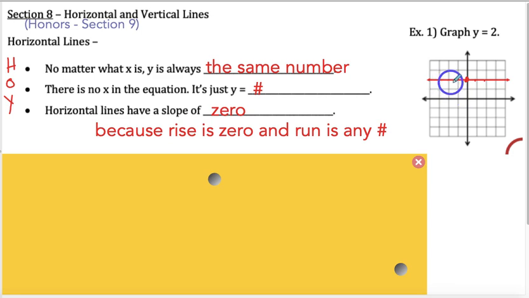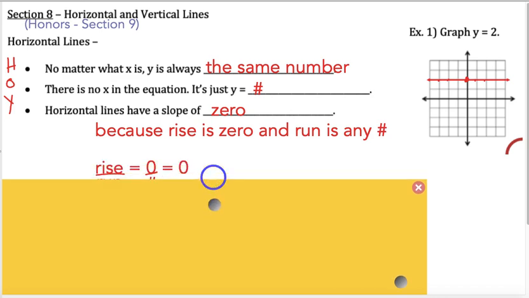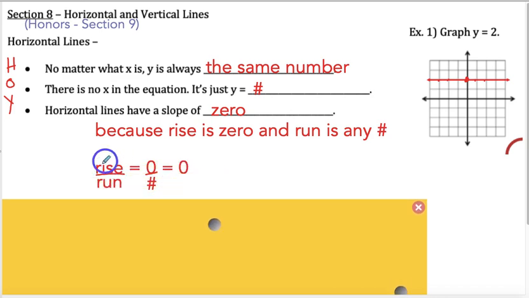But the run could be any number in the world. We could run left and right forever. And so if we look at that mathematically, rise divided by run, our rise is 0, our run is any number, and 0 divided by any number is 0. And that is why the slope is 0.